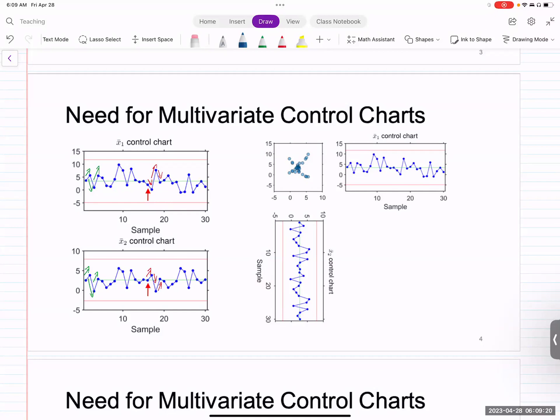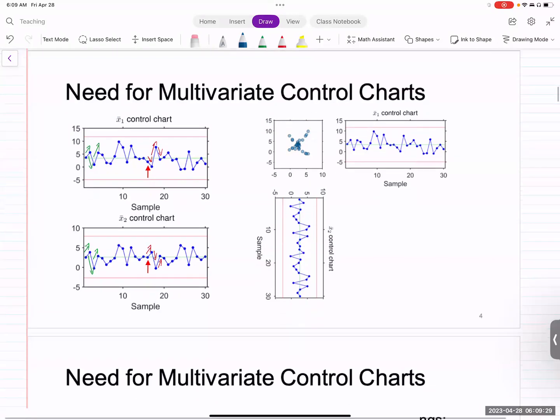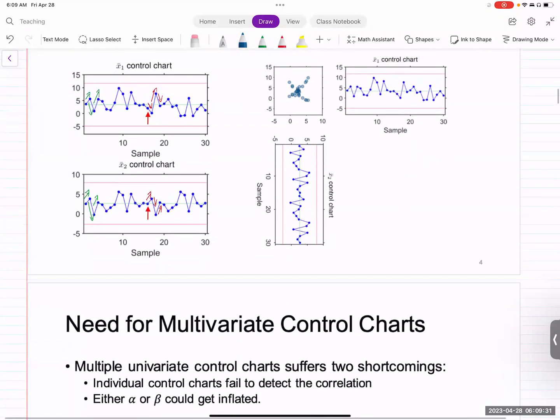So what we see here is that the first control chart and the second control chart are actually positively correlated before this partition, and after this, they are negatively correlated.